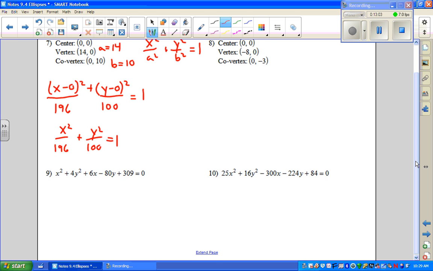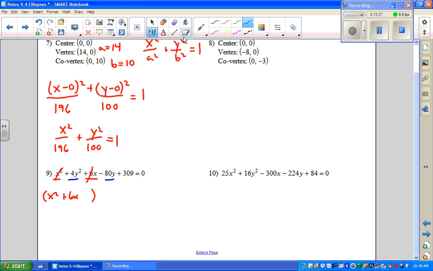All right. Now this one, you'll notice, is not in standard form at all. Okay, we have 1, 2, 3, 4, 5 terms here, and we need to turn it into an ellipse. So here's my suggestion. I would take my x variables, x squared minus 6x, and I would organize those together. Then I would take my y variables and put those together.